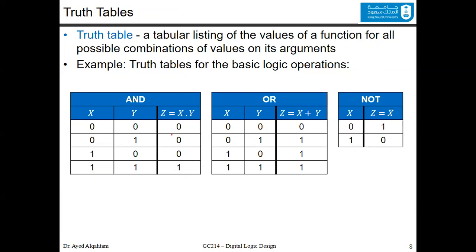To fill the truth table in an easy way, you start with the least significant variable, and you fill it by 0, 1, 0, and 1. And then you go to the next variable, and you say 0, 0, and 1, 1.